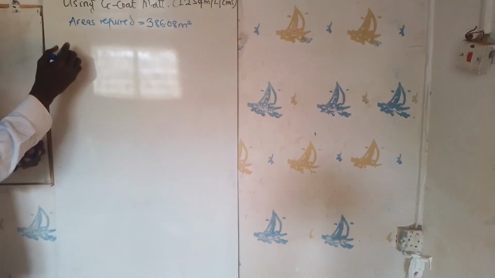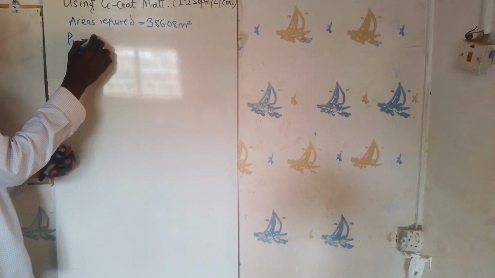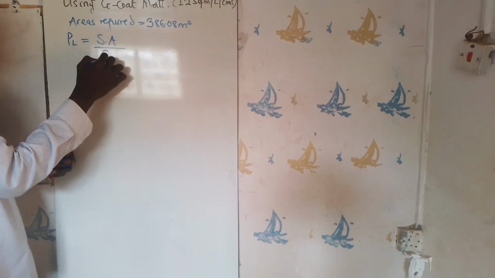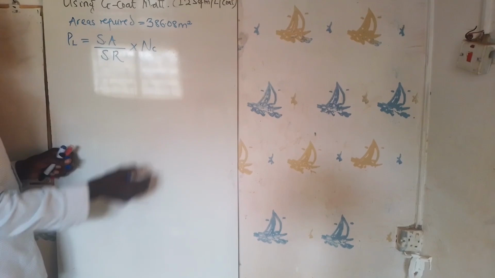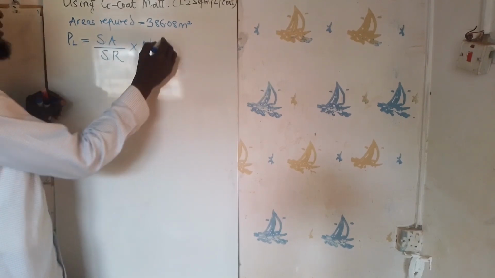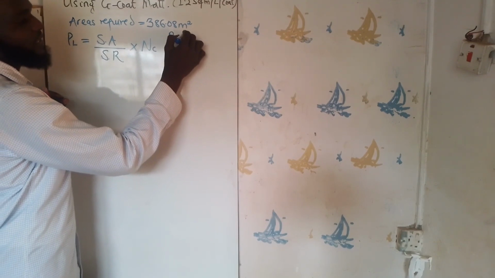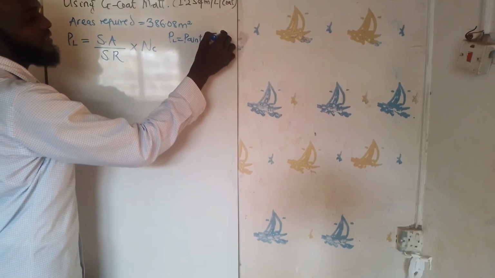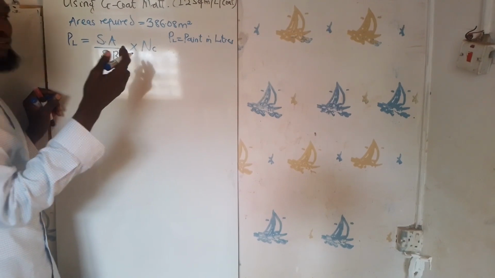So our formula is this: paint in liters equals surface area over spreading rate times number of coats. As I said, P liter means paint in liters. It means whatever we get is going to be in liters, not in drum, not in gallon.